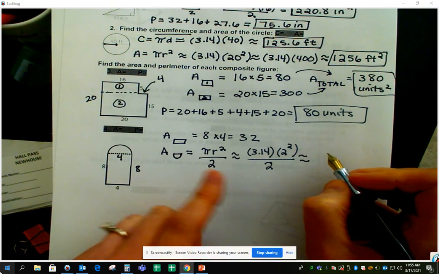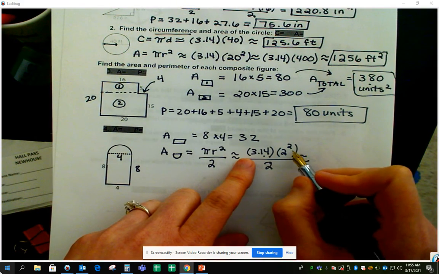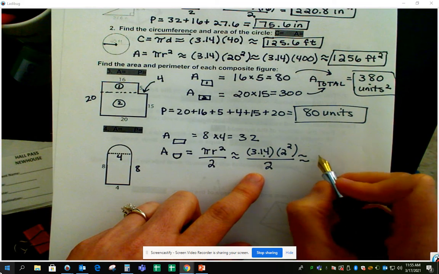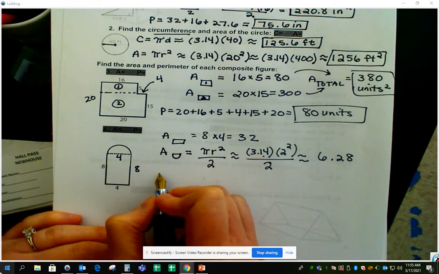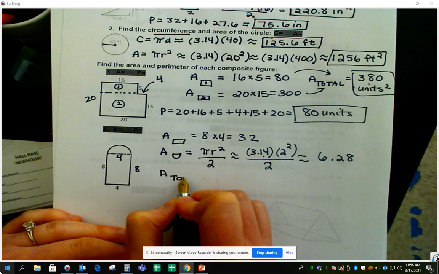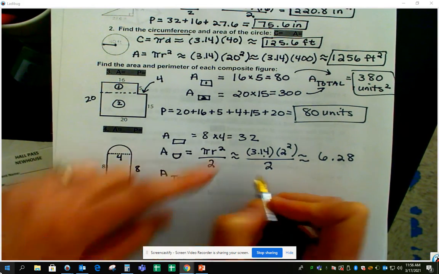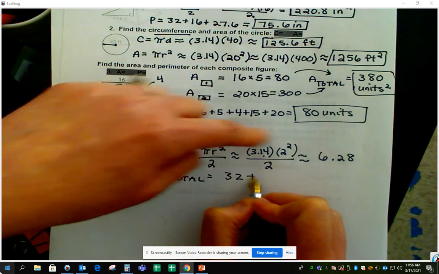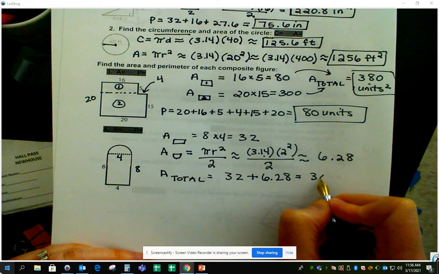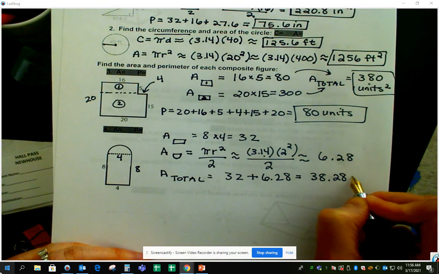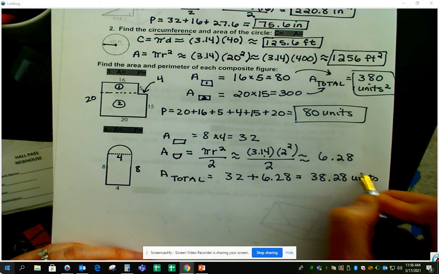I multiply 3.14 times 4 divided by 2. I'm going to get 6.28. So the total area is just going to be 32 plus 6.28, which is 38.28 units squared.